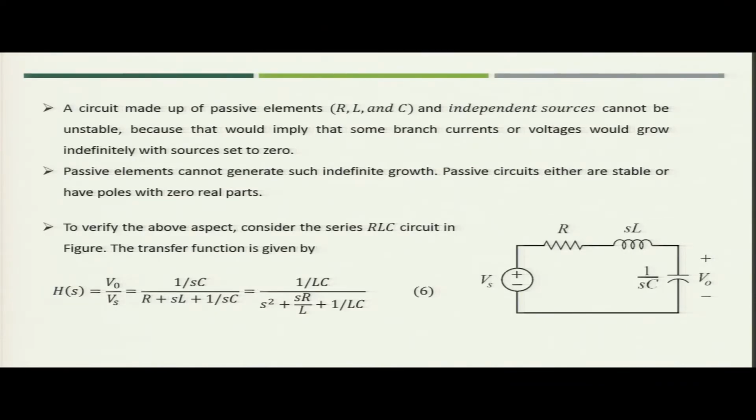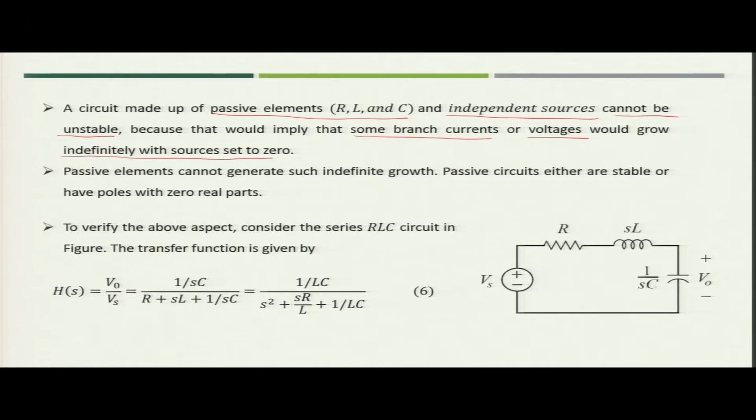We also discussed that circuits made up of passive elements, that is RLC elements, and independent sources will not be unstable, because if they could be unstable, some branch currents or voltages would grow indefinitely with the source set to 0, which generally is not the case when we analyze RLC circuits.